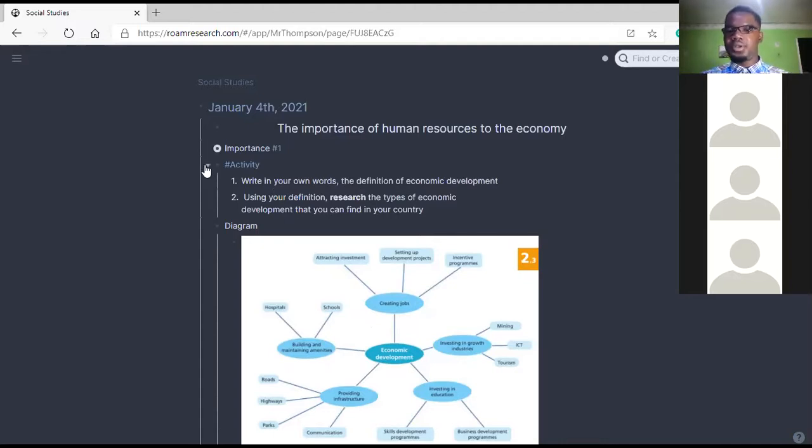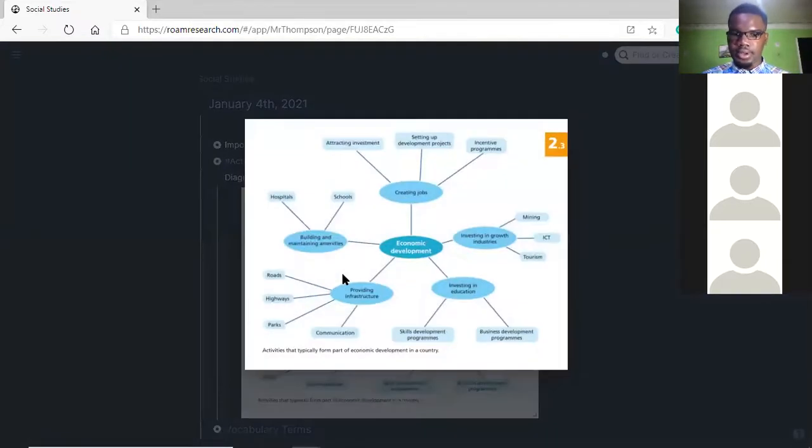And when you should have been doing that, then I gave you a diagram below here that explains the different activities that can form part of your economic development. So look at it. I'm developing something. I'm improving my economy. What would I need to do? Well, I need to build better roads. So that's infrastructure. I need to invest in education for the next generation.